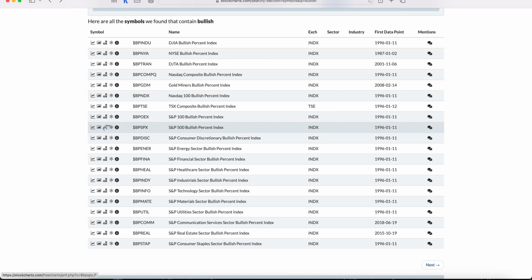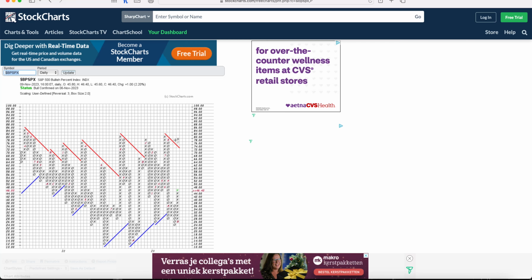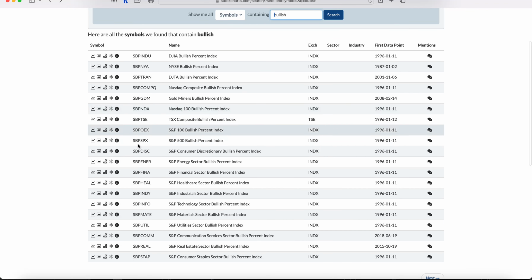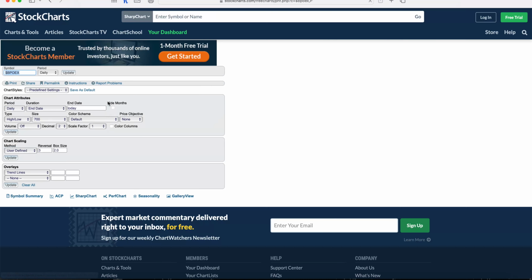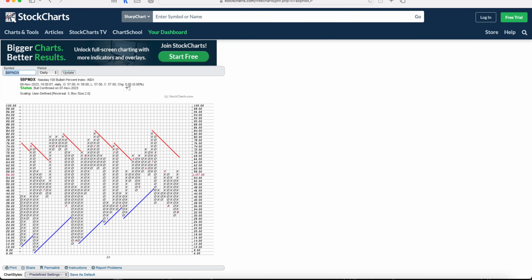The S&P 500 tacked on a new X today, went up by 2.2%, and 46.4% of stocks in the S&P 500 are on a point and figure buy signal. The OEX, the S&P 100, went up by 2.08%, and the NDX didn't move.